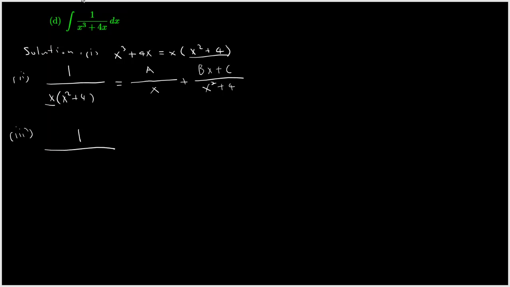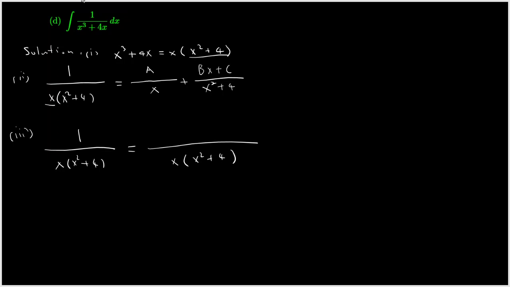Okay, 1 over x times x squared plus 4 on the left hand side. Now what are we doing? We're going to compute the fraction. We need a common denominator. The common denominator is x times x squared plus 4.